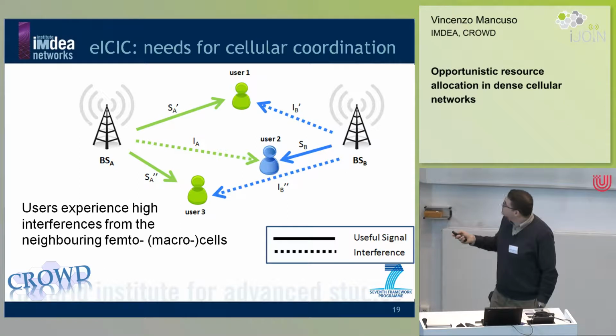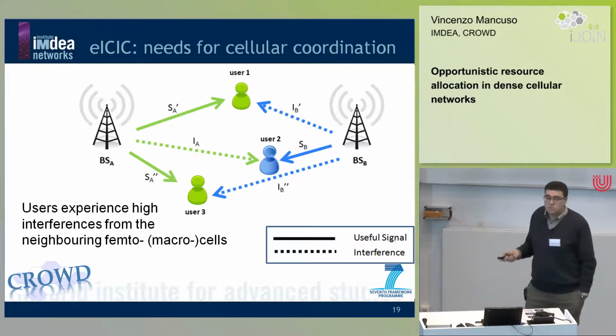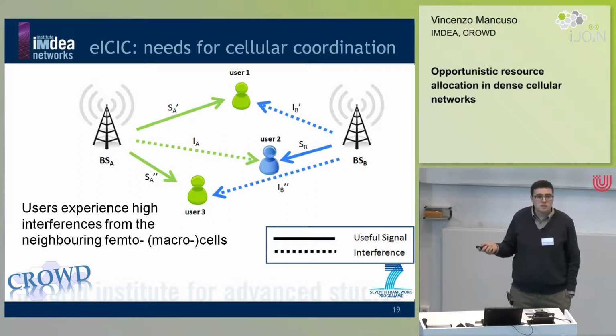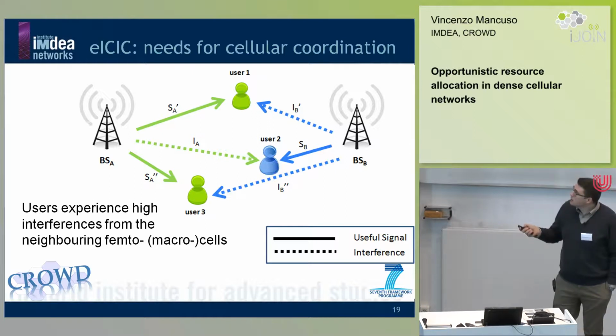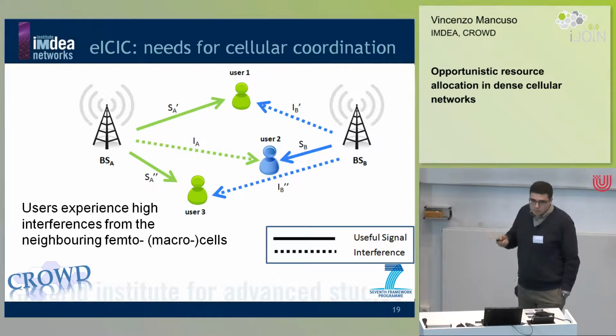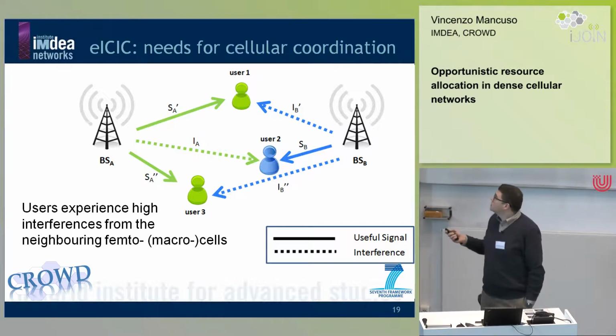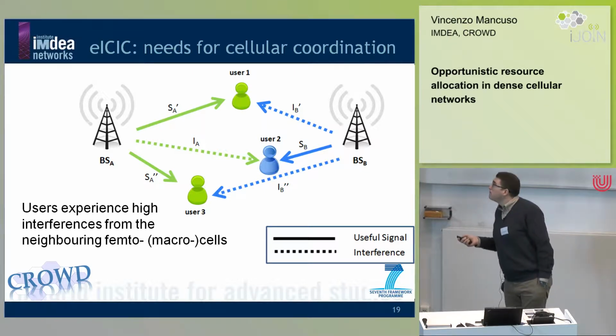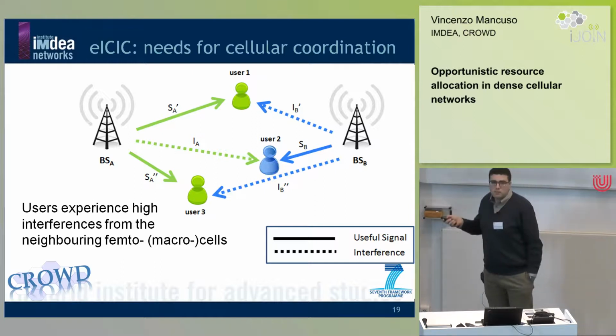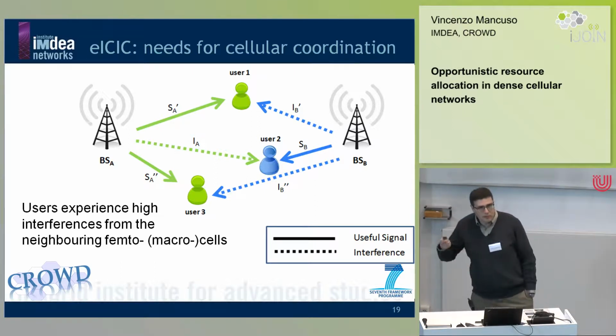The problem is we have multiple base stations quite close to each other, because we are assuming a scenario in which the network is quite crowded, and each user is receiving signals from all the base stations or a large number of base stations. So most of the signals received are actually interference. We're not considering distributed MIMO or stuff like that, but that could be accounted for also.